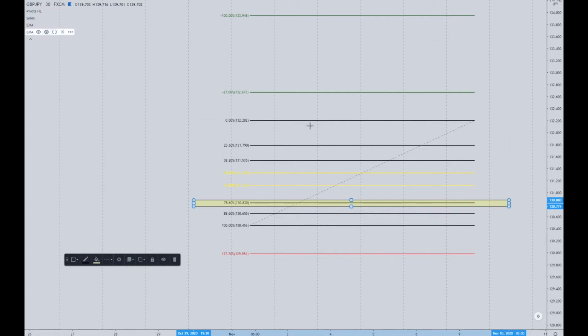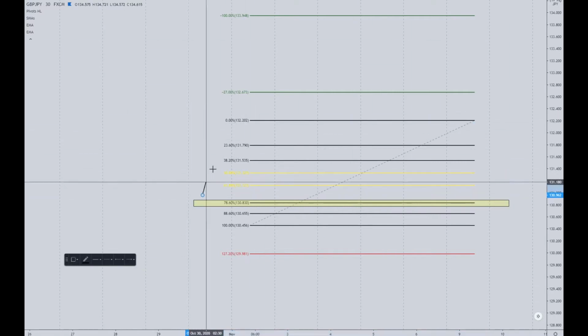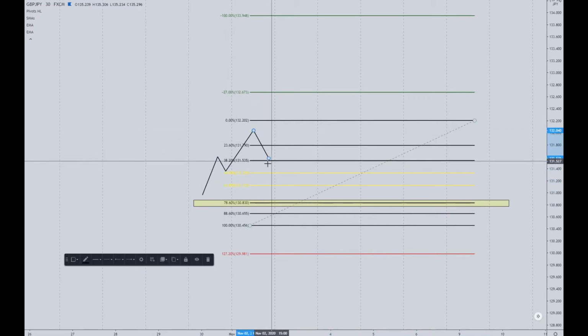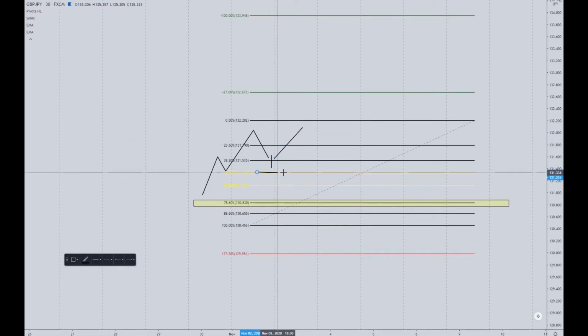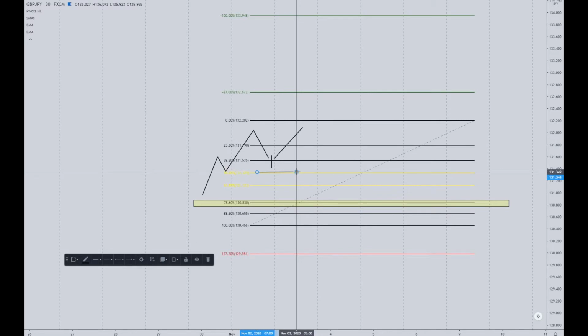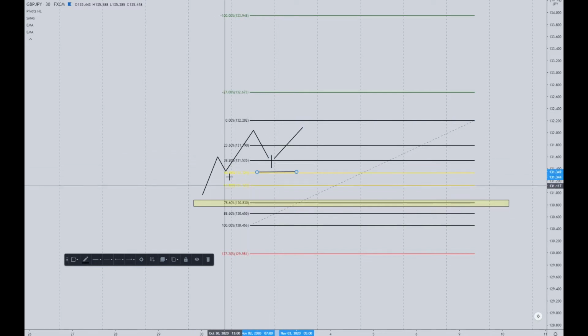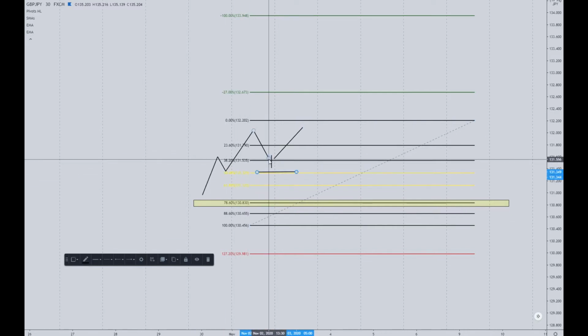Now when I'm trading, if I get this uptrend and I get this pullback to 38.2, and I get this candle right here and then it continues up, I'm placing my stop at the low of that move, because in theory it should respect that low if it's created a new swing low, a higher low, and continue up.